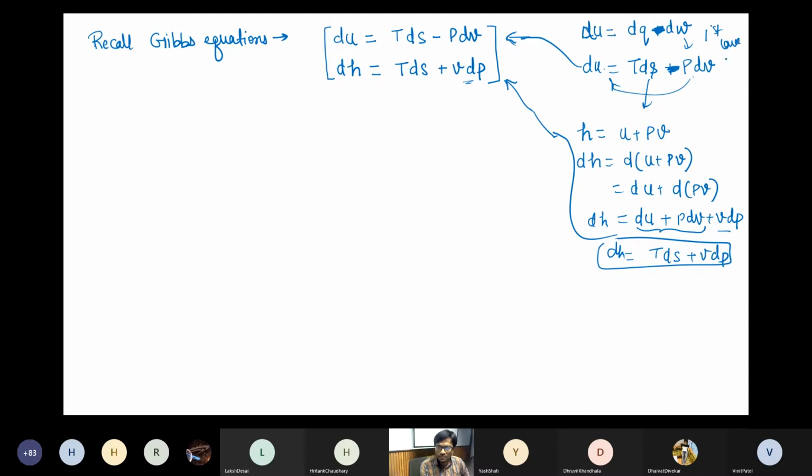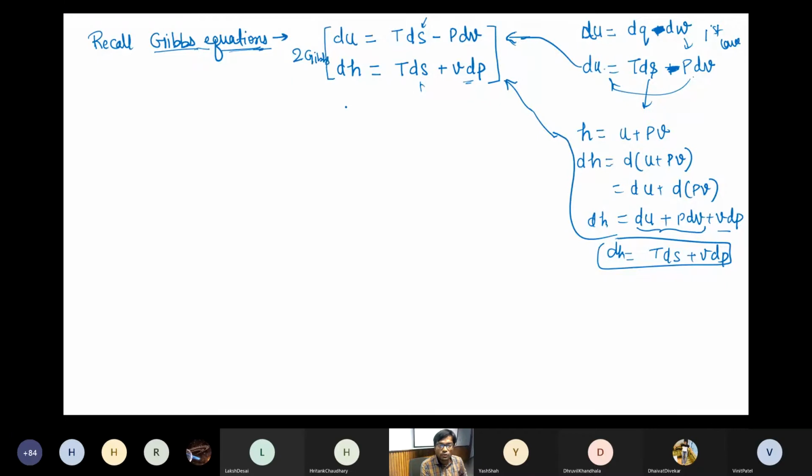The first law is just being written in terms of entropy and temperature. That is the only difference. So nothing to worry about. The Gibbs equation is essentially a derivation from the first law. That's all. These are the two Gibbs equations.